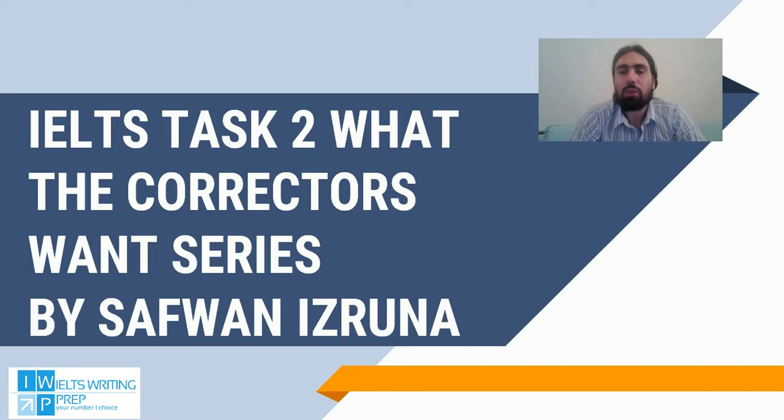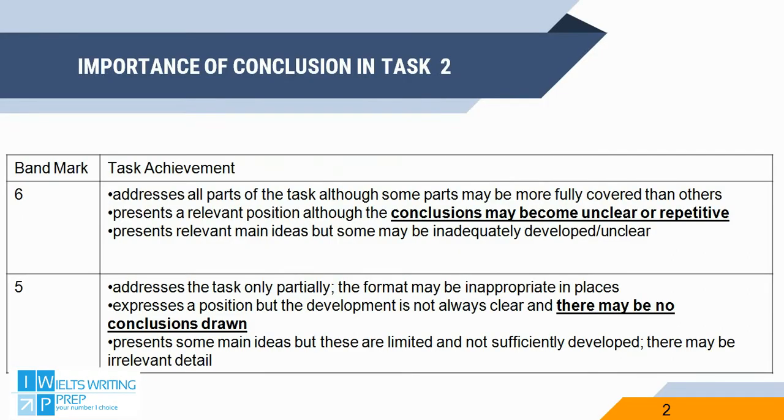Hi, I'm Safwan Isruna from IELTS Writing Prep, and today's lesson is going to be about writing conclusions and their importance in IELTS writing. For students aiming for a 6 or above, it's important that they write a conclusion.